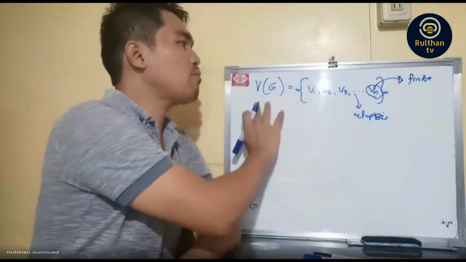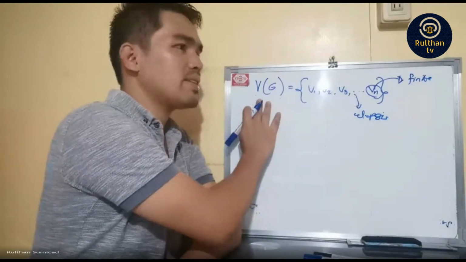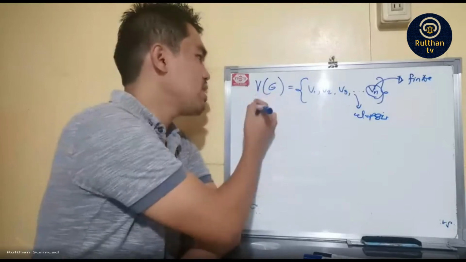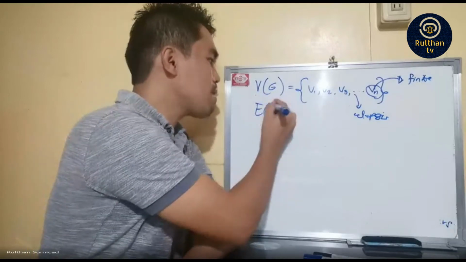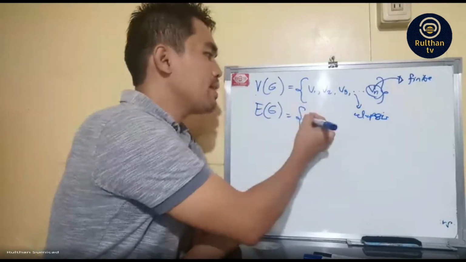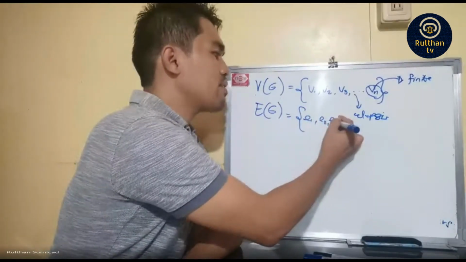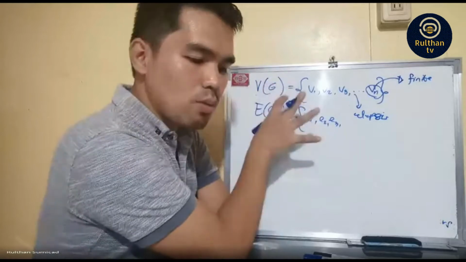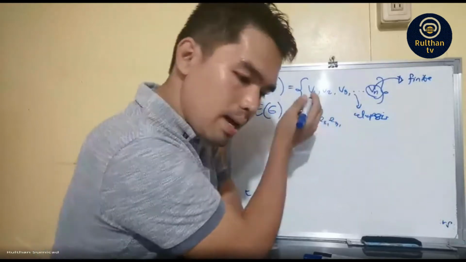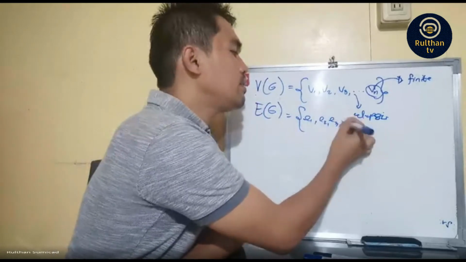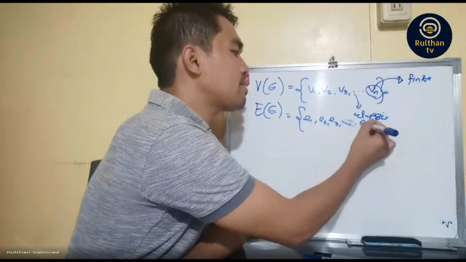So anyway, this is how we're going to write the elements for this set, which refers to the vertices of graph G. Whenever we have E of G, that refers to E1, E2, E3, that's edge one, until E sub n.